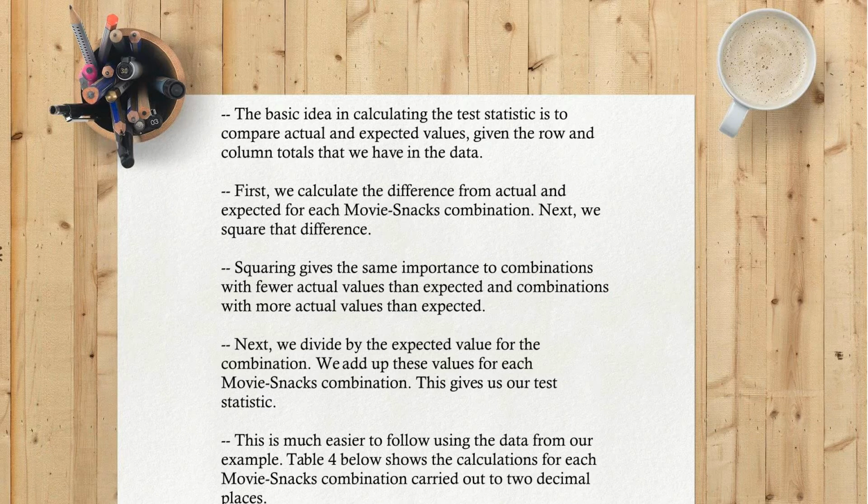This is much easier to follow using the data from our example. Table 4 below shows the calculations for each movie snacks combination, carried out to 2 decimal places.